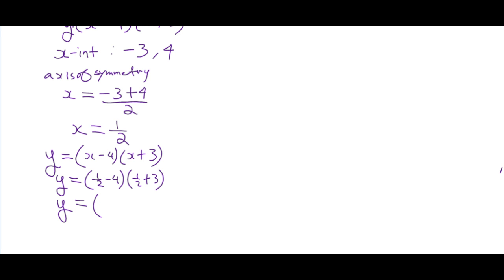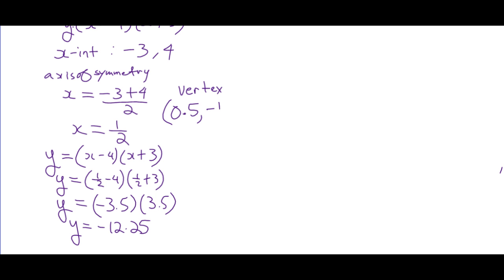You can use your calculator. That's -3. So I'm going to decimals now. -3.5 and +3.5. So -12.25. Okay, so the coordinates of the vertex are, well, let's go to decimals, 0.5, -12.25. Okay, you can verify that on your calculator.